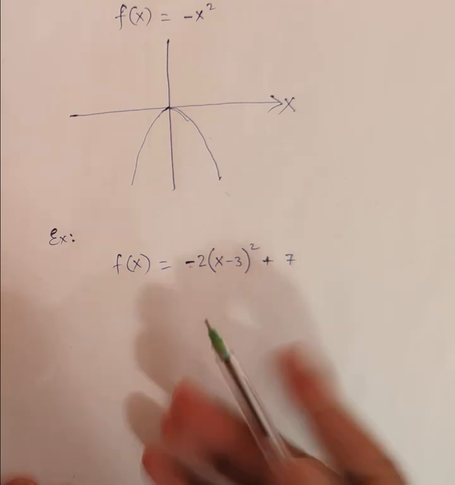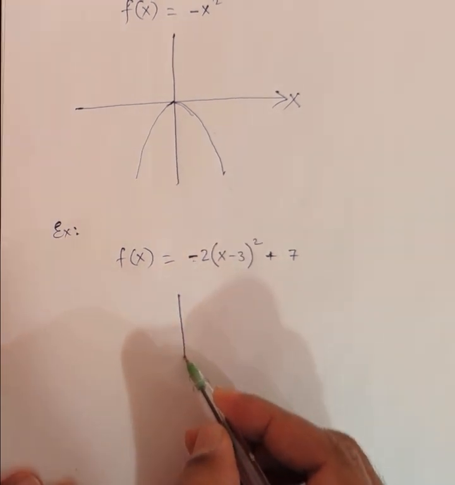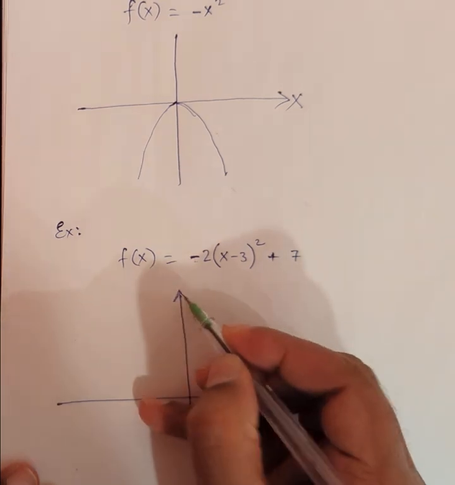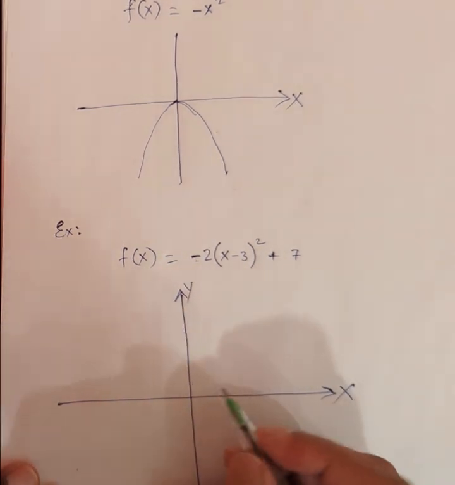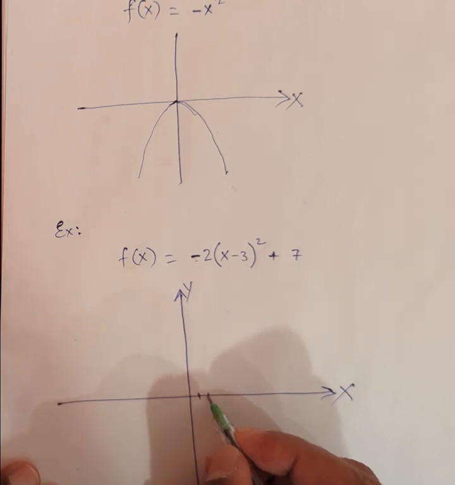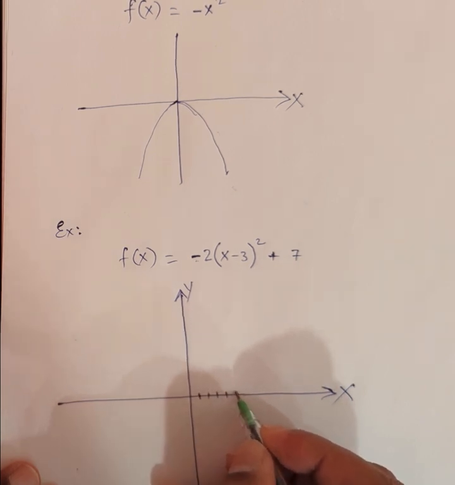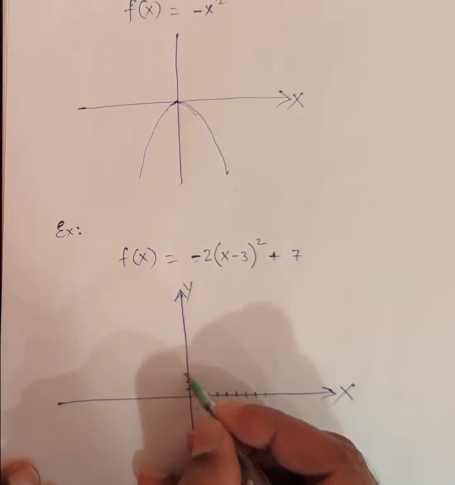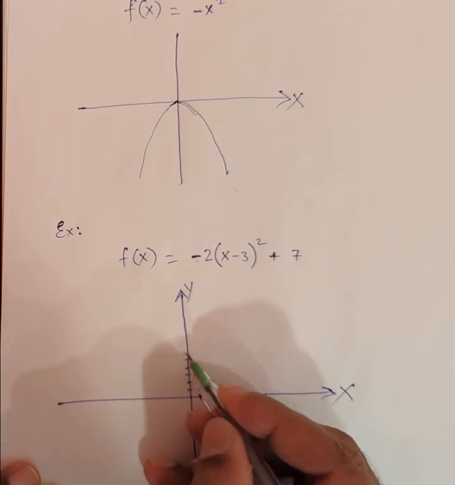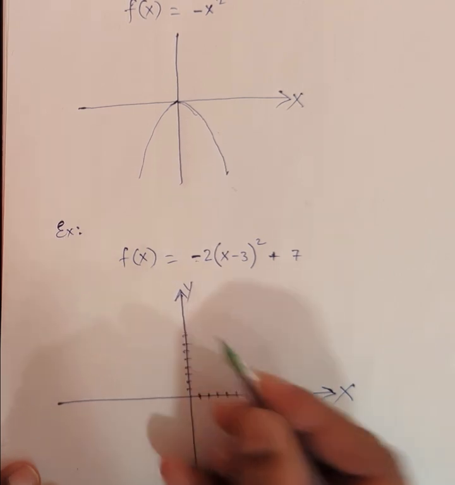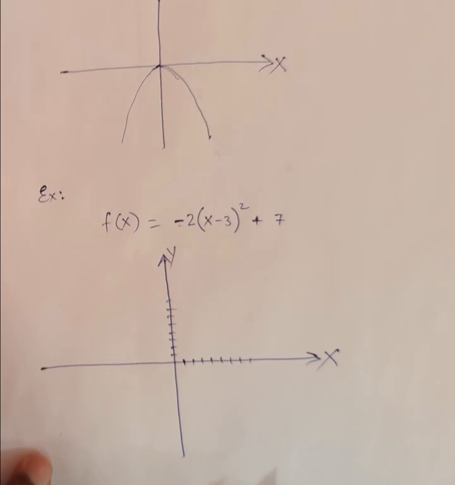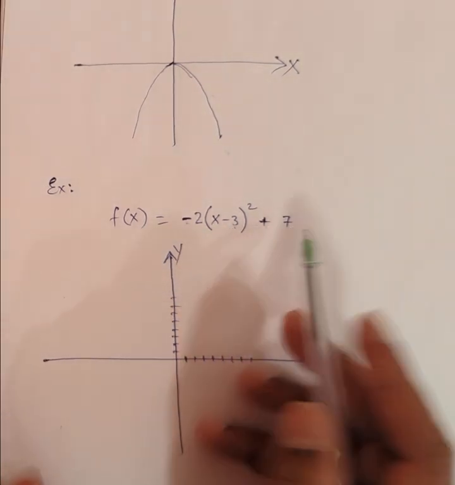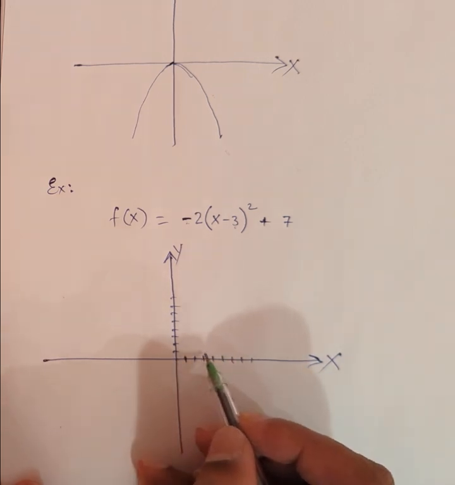So what I could do is I could first graph the vertex. And you can see the vertex is no longer at the origin, but I want to know where it has moved. The horizontal and vertical shifts will tell me where the vertex is going to be. It's a right shift of 3 and an upward shift of 7. So I go 3 to the right and up 7.